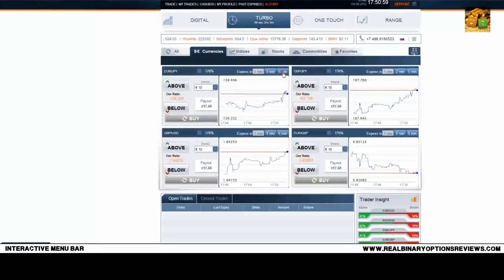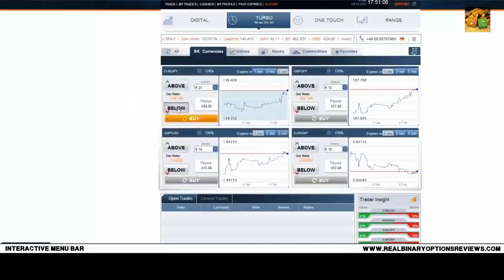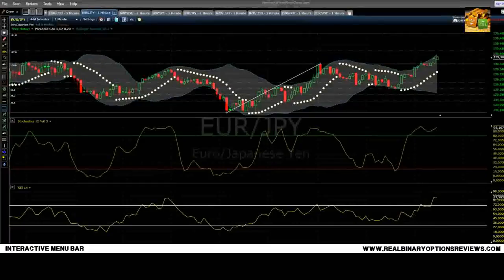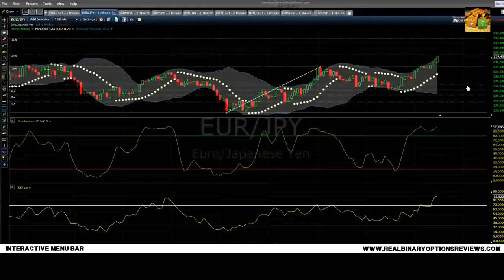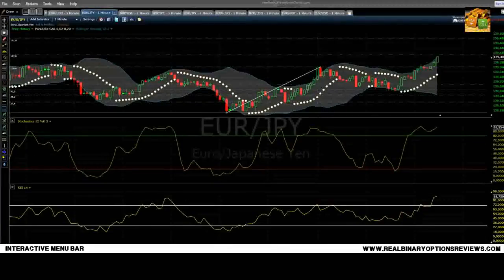And in this case, I would make a 5-minute expiry trade. And let's say I would invest 25 euro in this trade. I want to trade it down. And I want to wait until the green candle touches this level of 127. So we are very close to this level.